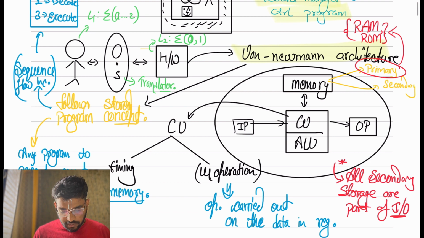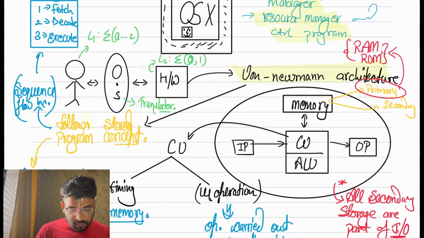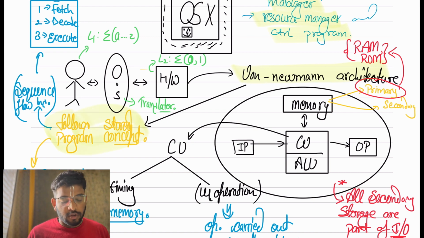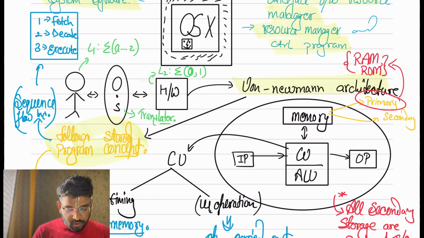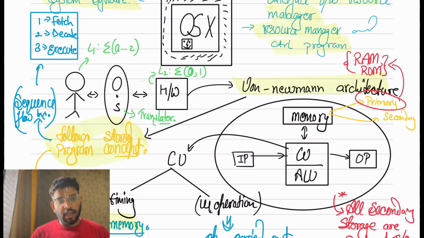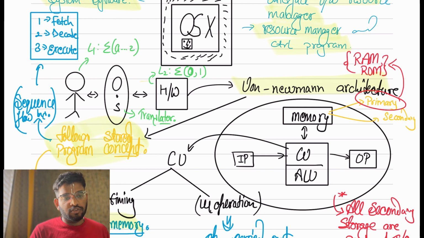In the von Neumann architecture, what we follow is the stored program concept. The stored program concept is that any program that is to be executed must be stored in the main memory. It should be a process in the main memory to be executed.